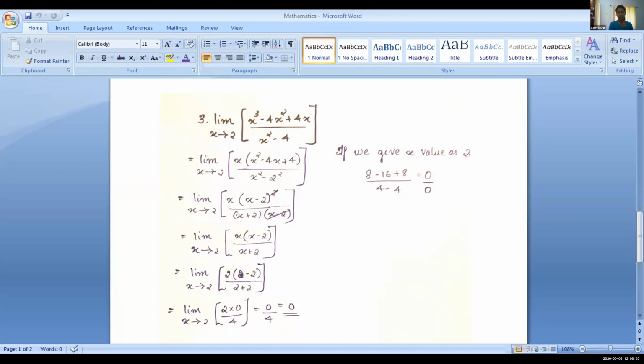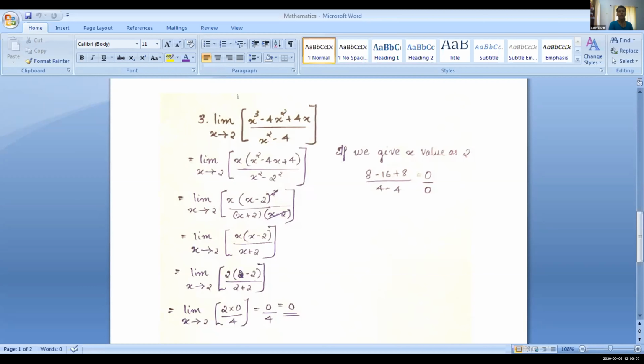If we give x the value 2, it becomes 2 cube, that is 8, minus 4 into 2 square, that is 16, plus 4 into 2, that is 8, divided by 2 square, 4, minus 4. We get 0 by 0. So 0 by 0, or any number by 0, is an indeterminate form.